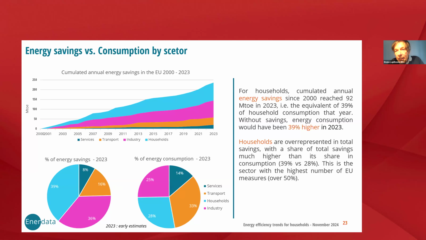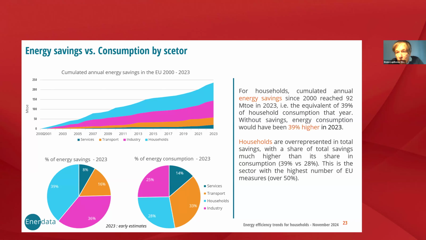Now, if we look at the total savings and compare them with the savings by sector, the savings for the household sector reached 92 million tonnes of oil equivalent in 2023, which is the equivalent of 39% of the household consumption that year, which means that without this saving, the energy consumption would have been 39% higher in 2023.